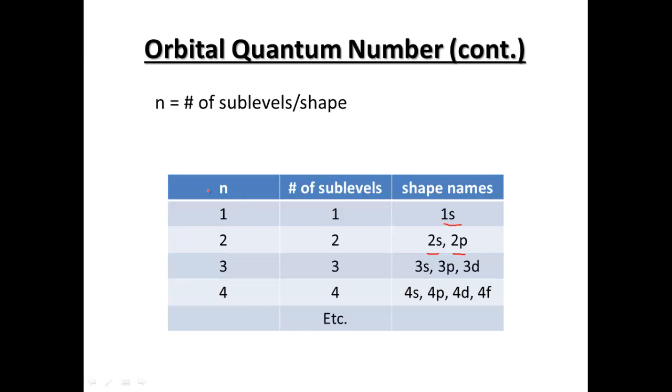Now remember, the n, or the energy level here, is going to represent on our periodic table the rows on the periodic table. So as you go down the periodic table, we'll just draw out a quick periodic table.